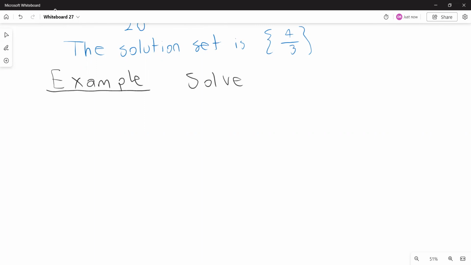4 over x plus 1 minus 3 over x plus 2 equals 1. So the least common denominator is x plus 1 times x plus 2.